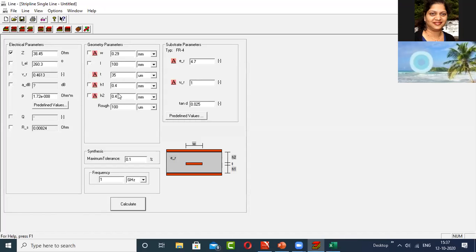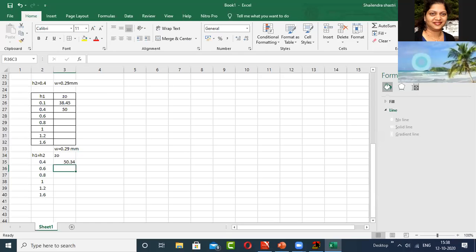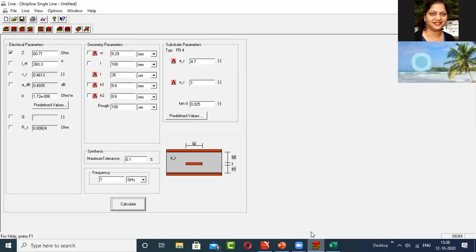So I will make this 0.4, then 0.6, 0.8. For 0.6 and 0.6, I think the characteristic impedance should reduce here. Okay, it is increasing. It is 71.76, right?